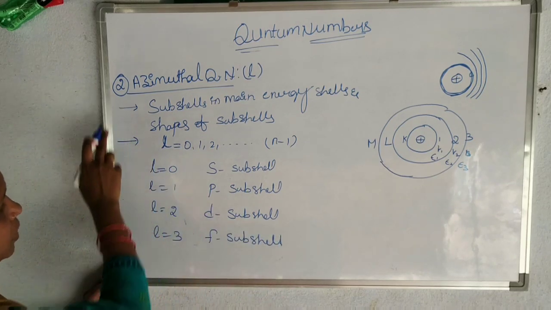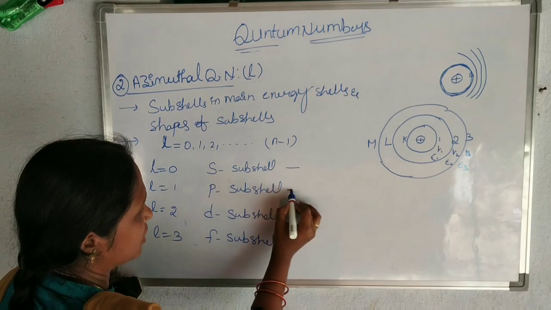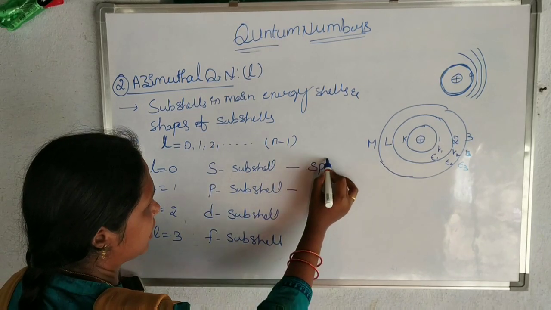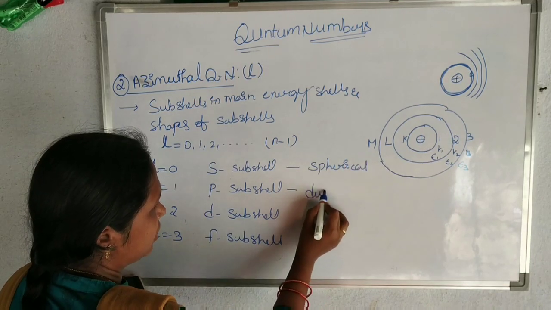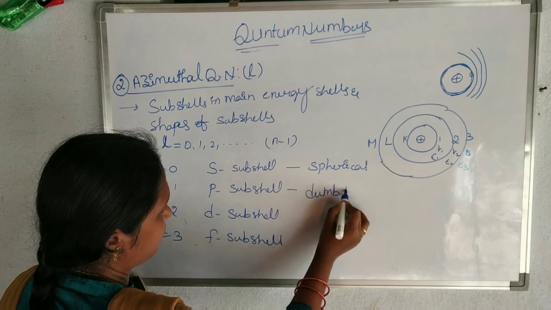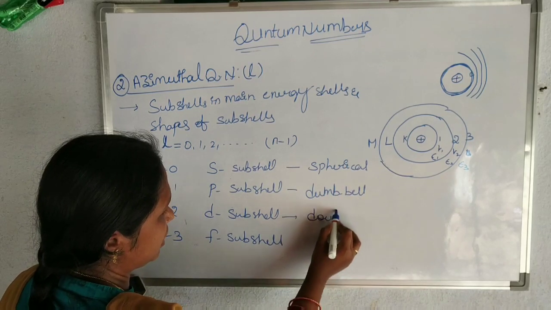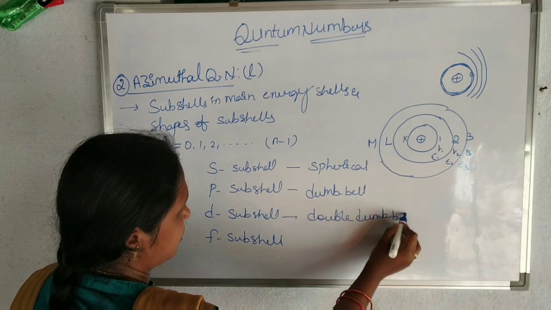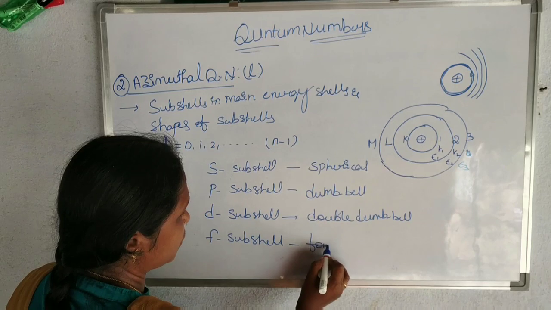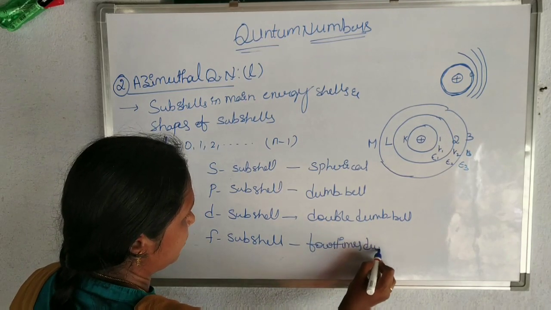Here the quantum number also explains the shapes of the subshells. S is a spherical shape, P is a dumbbell shape, D is a double dumbbell, and F is a four times dumbbell.